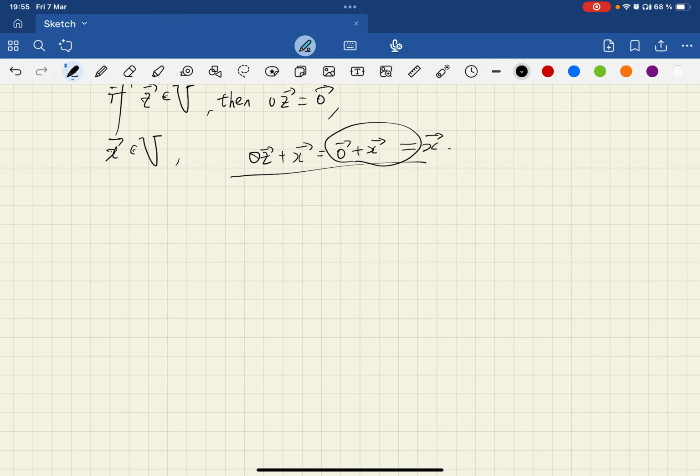If we can prove something like this, we can know that this is zero by the definition of the delta vector.